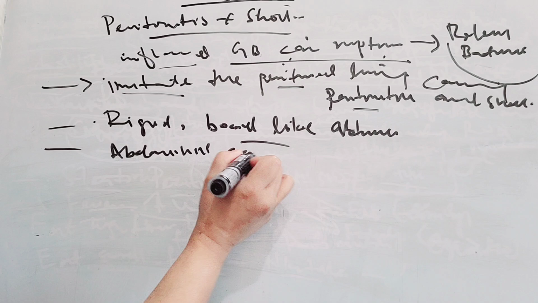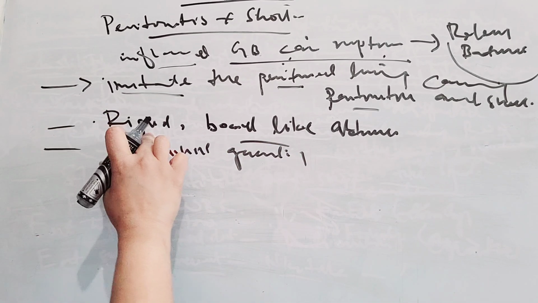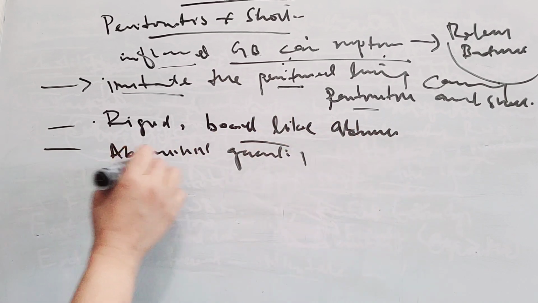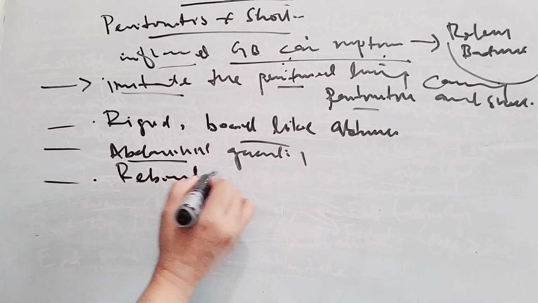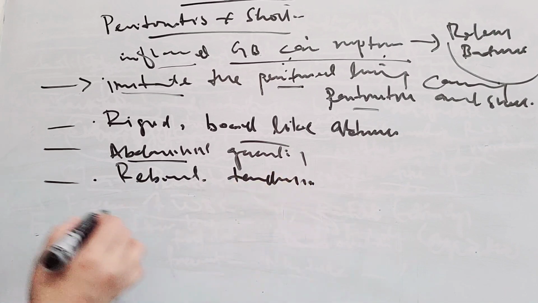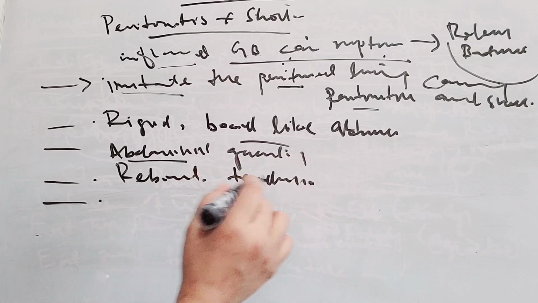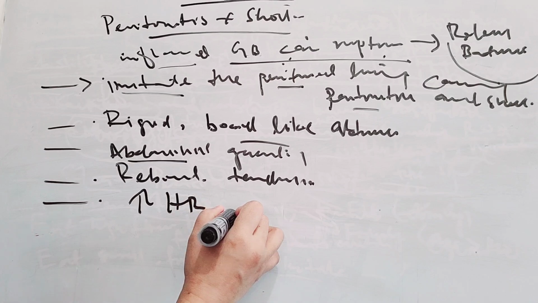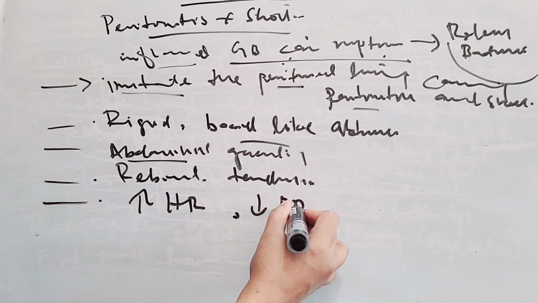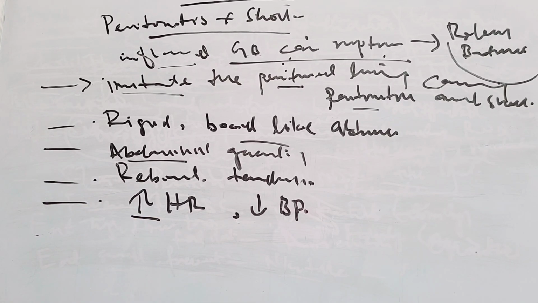Abdominal guarding means the patient will hold the abdomen. Once the abdomen is rigid and board-like, you will see the patient guarding the abdomen. Rebound tenderness. And if the patient has shock, there is increased heart rate, tachycardia, and decreased blood pressure, hypotension. These are the shock signs and symptoms.